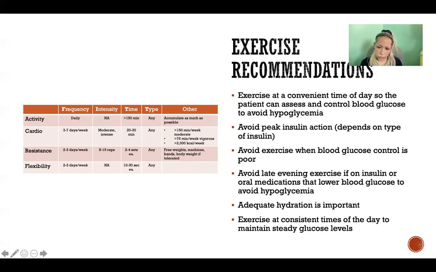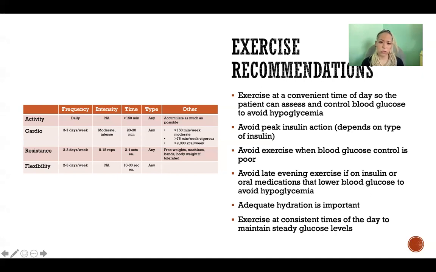Avoid late night exercising if the person's on insulin or oral medications that lower blood glucose, because again, they're going to be more prone to a hypoglycemic event. Adequate hydration is really, really important for everybody, of course, but especially in the case of diabetes mellitus.